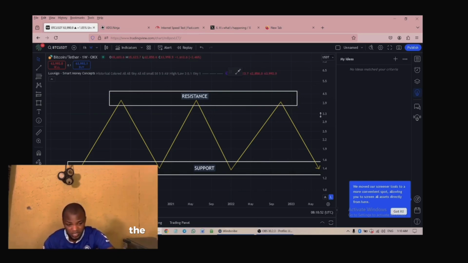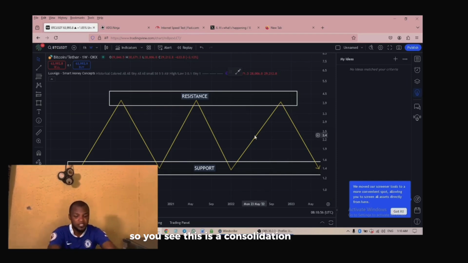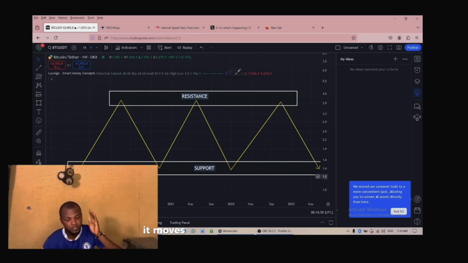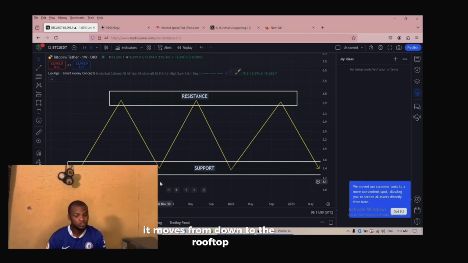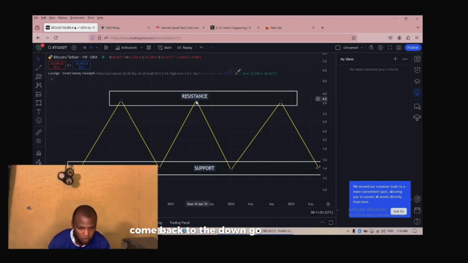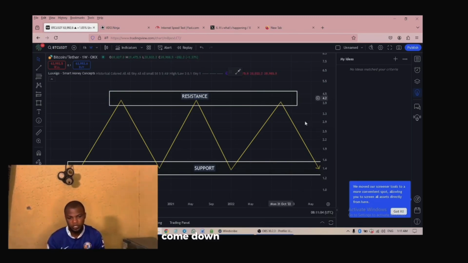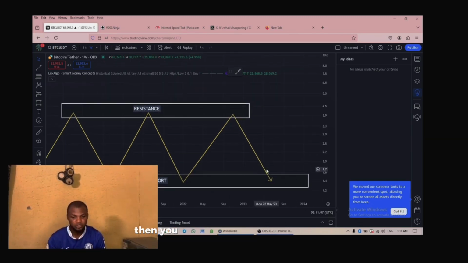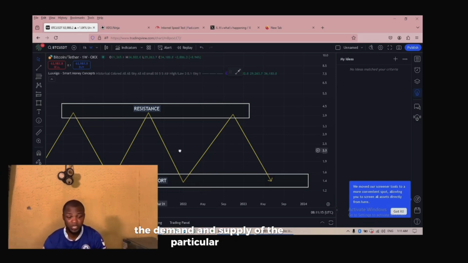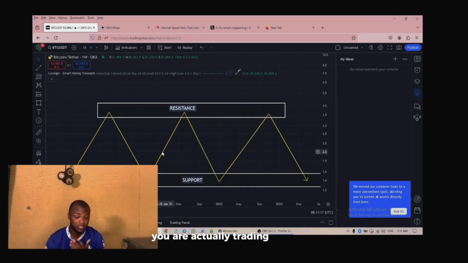This is the resistance, the top of the market, and this is the support. So this is a consolidation. It moves from down to the rooftop, comes back down, goes back to the rooftop. Then you can see another parabolic move at any time. It depends on the demand and supply of the particular token you are trading.